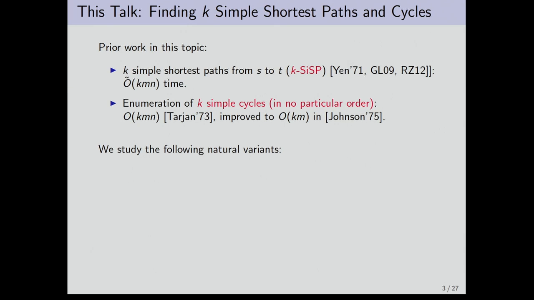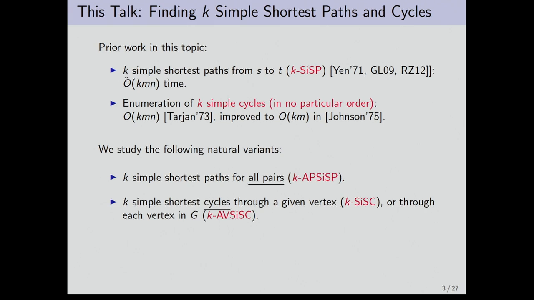So the variants that we study are the following. So, okay, we consider the SISP problem for all pairs. And I should mention that, I'll talk in the next slide. We don't have a full answer, but we do have some interesting improvements. And our method is interesting. It's quite different from prior methods. And then we go to the cycles version, and we consider both variants.